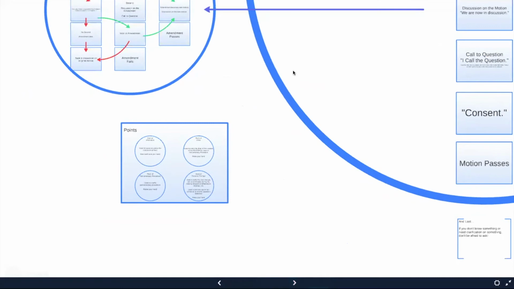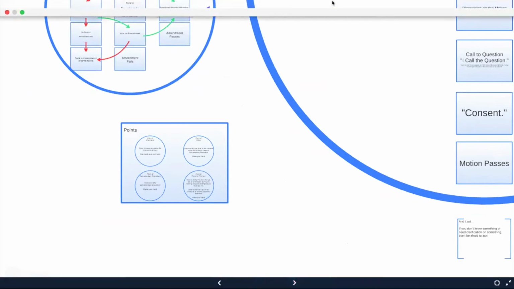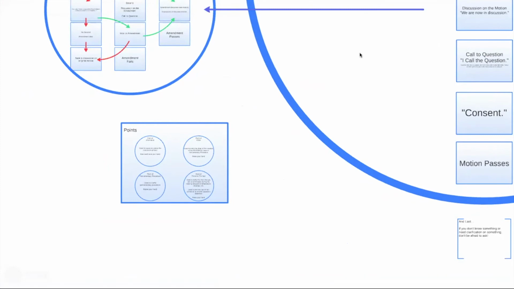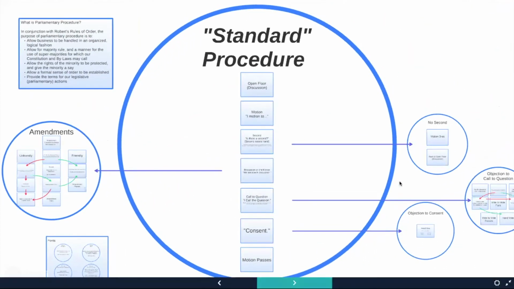All right, we've got maybe eight to nine minutes left until our next scheduled break. So what I want to offer is for us to practice the standard procedure.